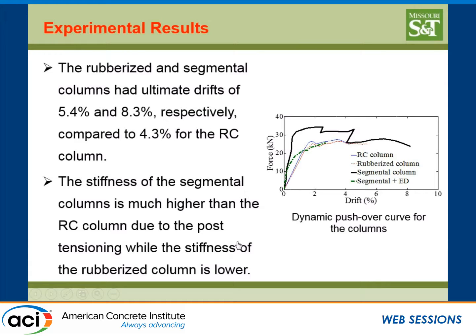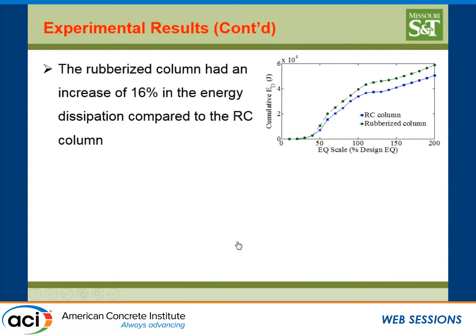In terms of strength, you can see over here, this is the one without rubber, this is the one with rubber. There is not much difference in strength. This is what we did all the tests to look at, the energy dissipation for both of them. So here is the regular reinforced concrete one, and this is the rubberized column. And here we have the different percentages of the ground motions.